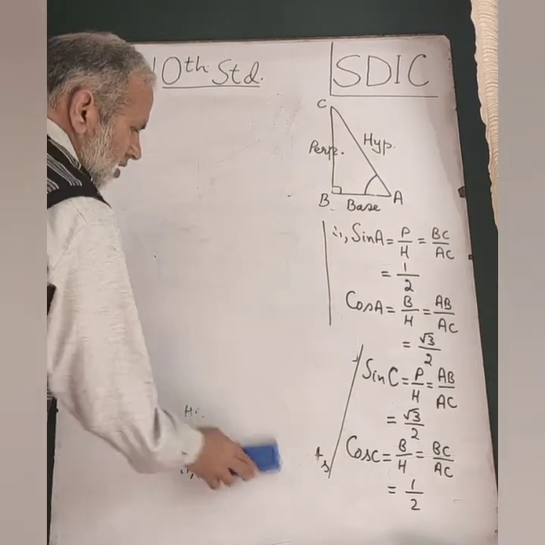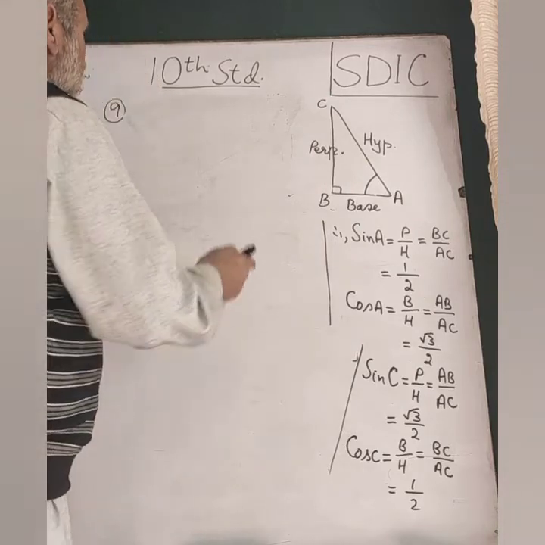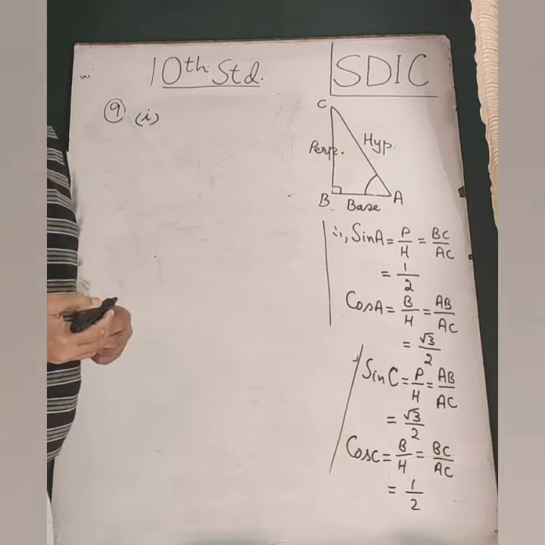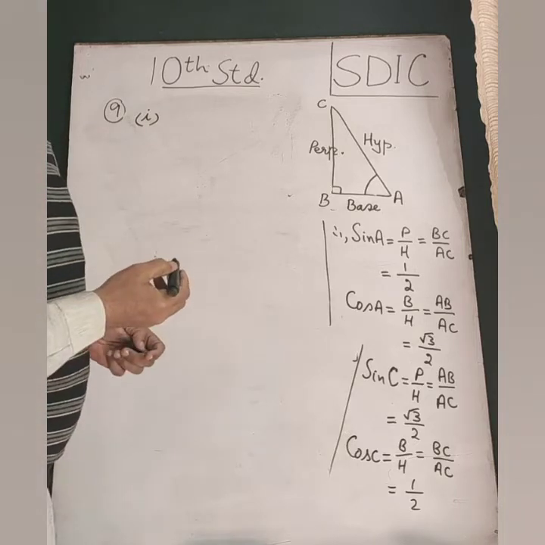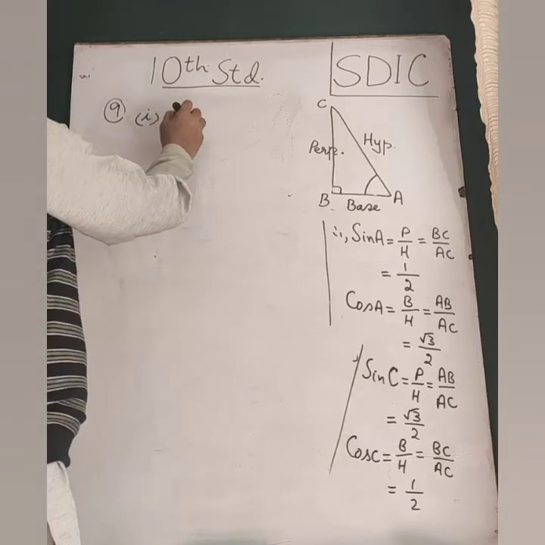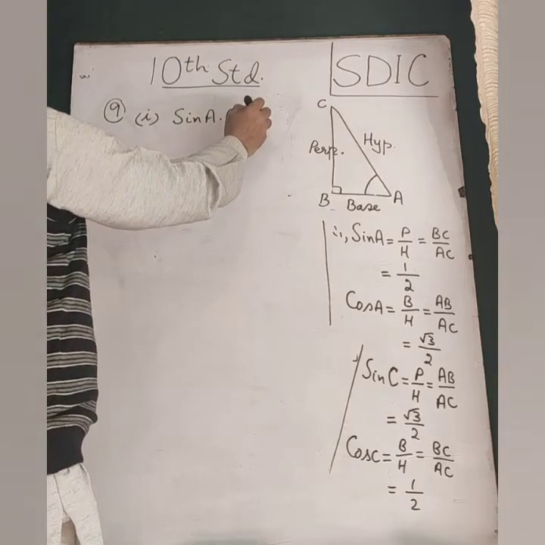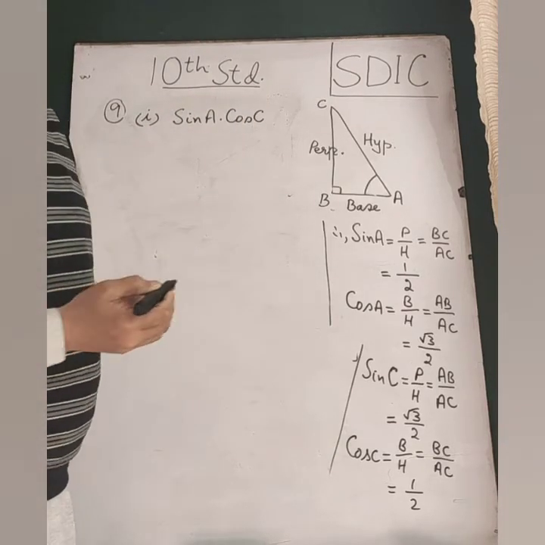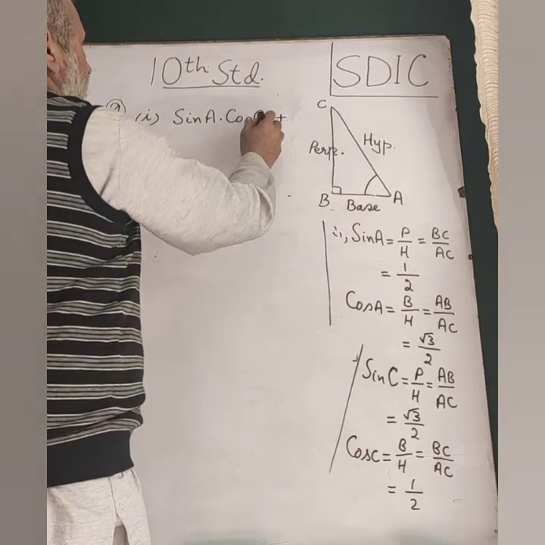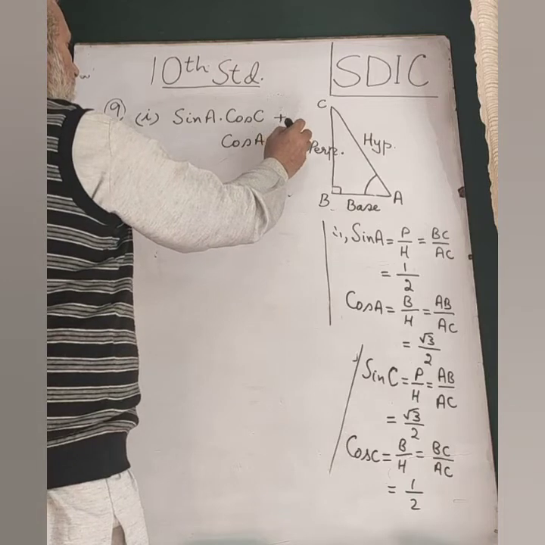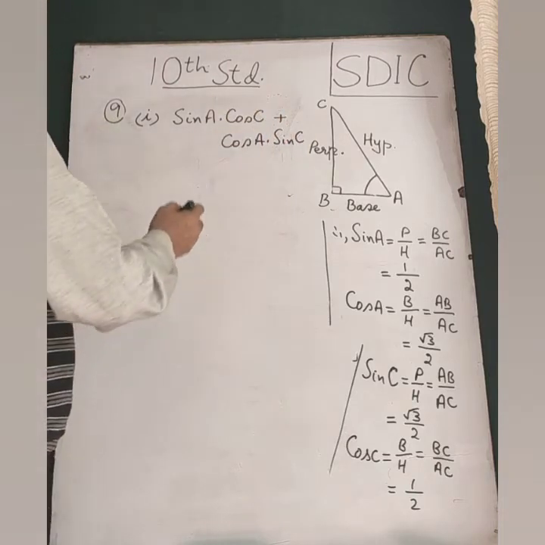Having found these, let us now solve those two parts of the question. Part number 1, we have to find sine A into cos C plus cos A multiplied by sine C. How will you solve?